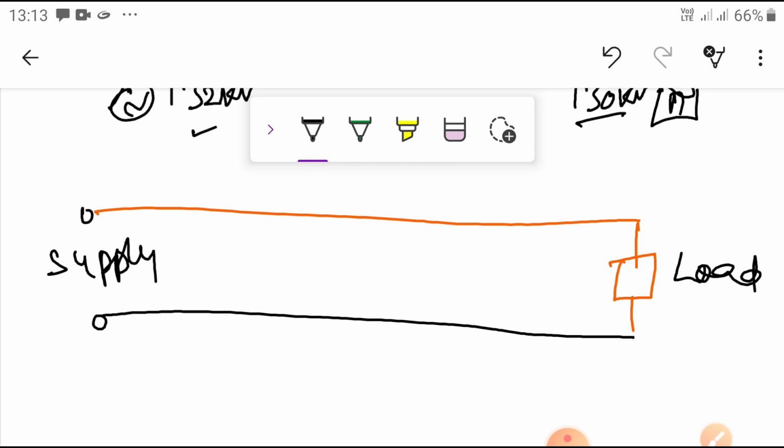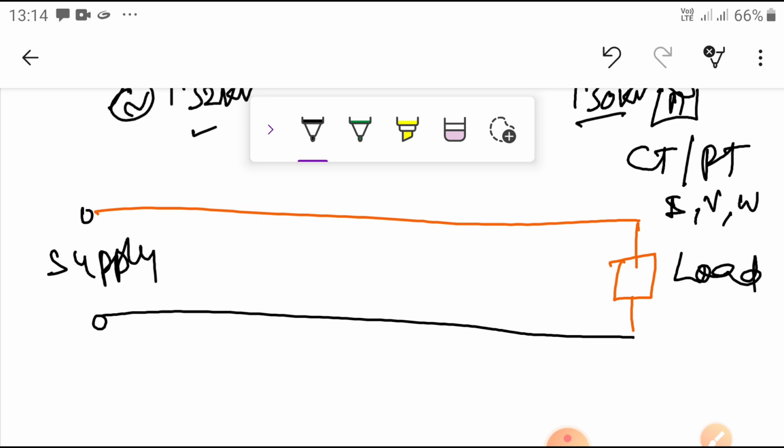I want to know how we are going to connect this. In this case I am going to connect the CT and PT to measure the power. I want to connect the wattmeter also. I want to measure the current, the voltage, and the power in the line, in HT lines.